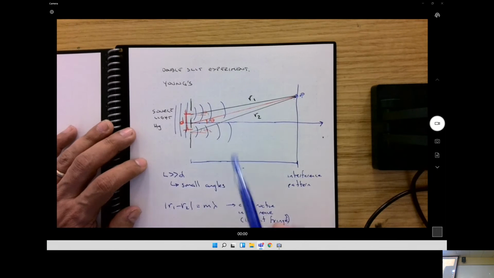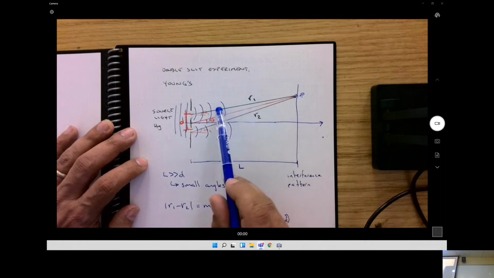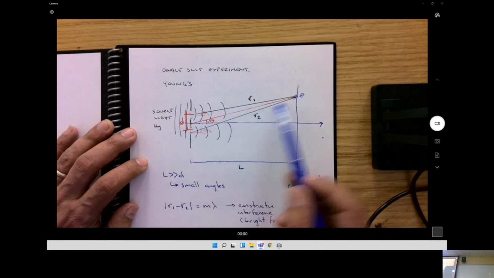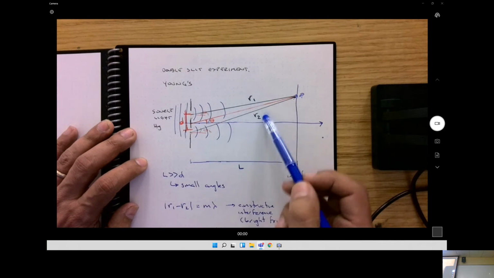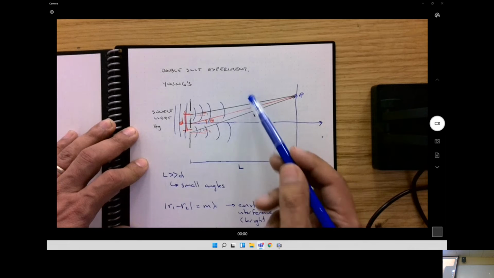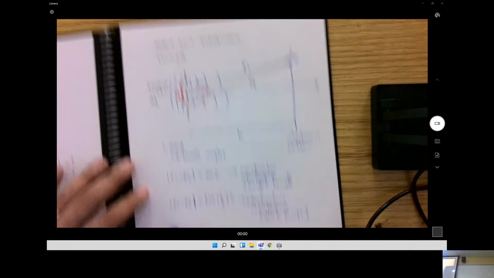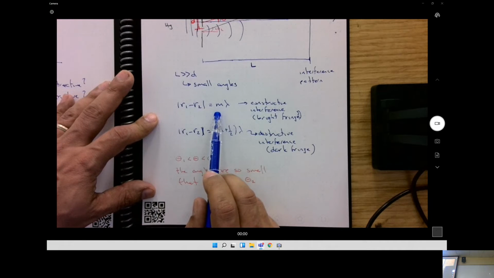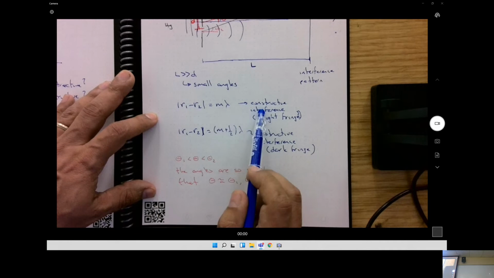What we need to do basically is compare the difference in path between light coming from one aperture and the light coming from the second aperture. We're trying to find this difference, R1 minus R2. If that difference is a multiple of lambda, we're going to have constructive interference.